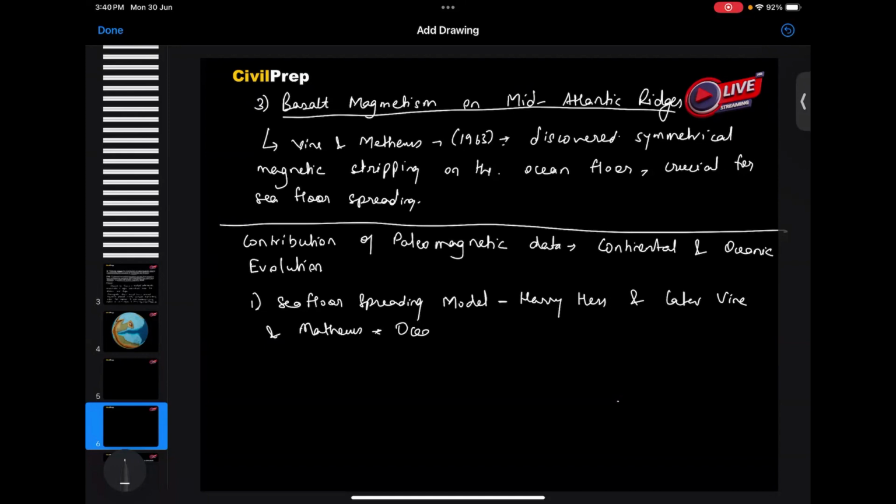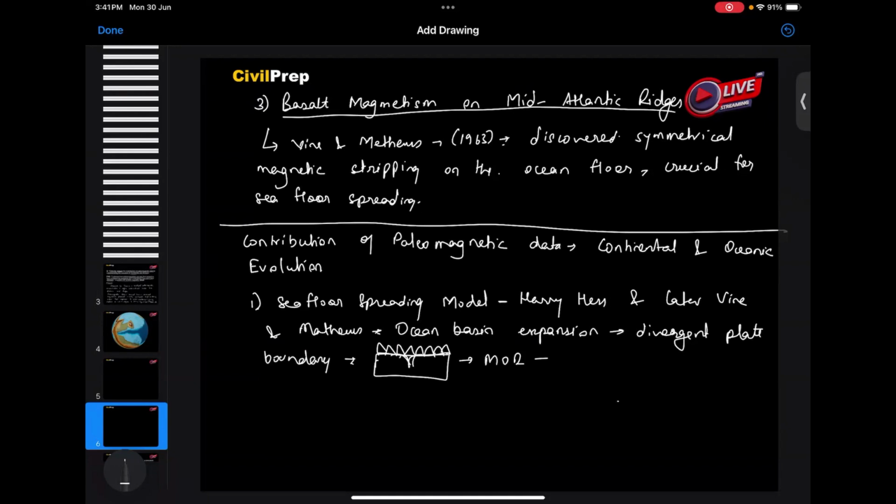So here the ocean basin expansion is recorded, validating the divergent plate boundary, where near the boundaries we'll be seeing that there is presence of mid-oceanic ridges, and in the rocks or ridges there is presence of polarity reversal.